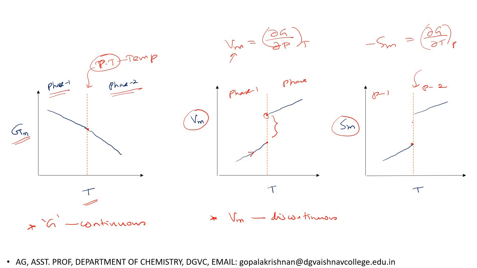At the phase transition temperature, there is a discontinuity. Suddenly there is a jump. This discontinuity in the plot of molar entropy versus temperature shows that this phase transition is a first order phase transition. So, another important point: for a first order phase transition, molar entropy is also discontinuous.